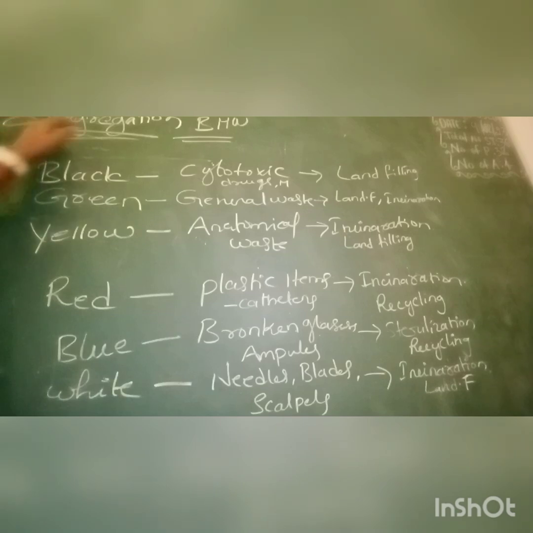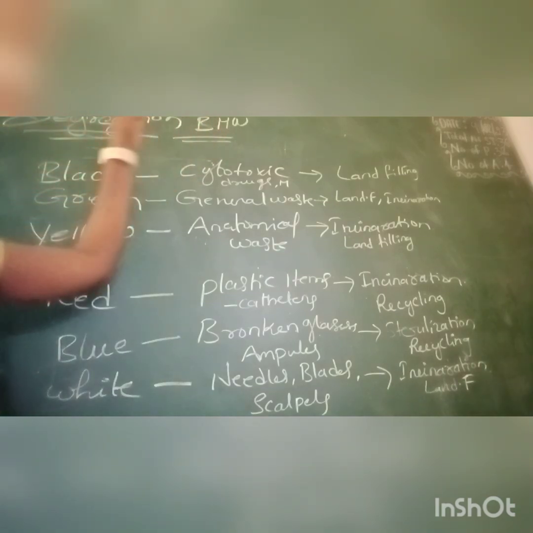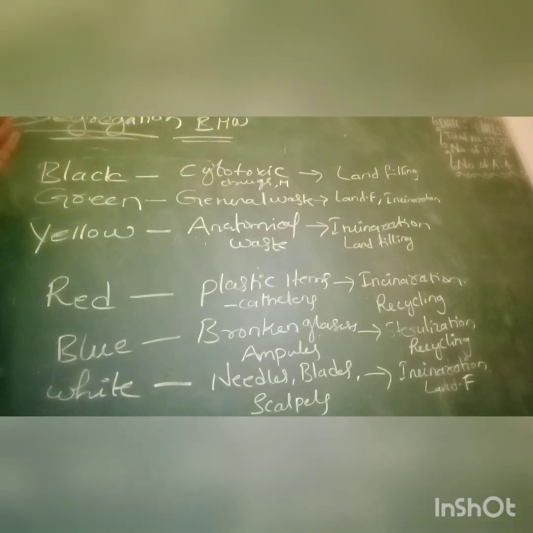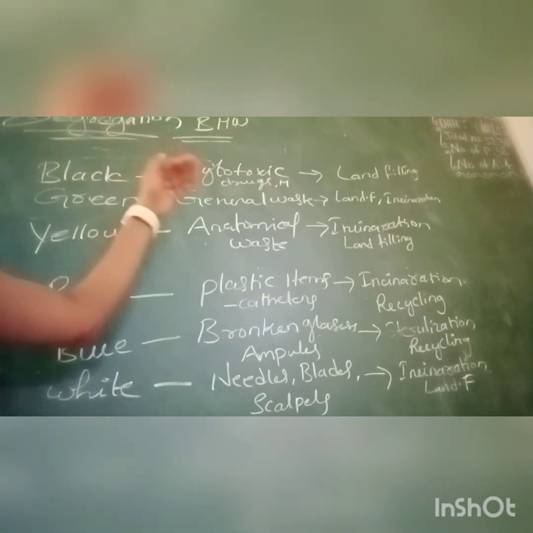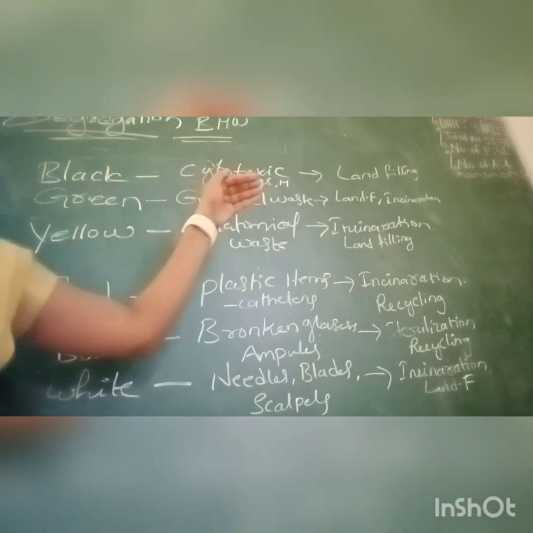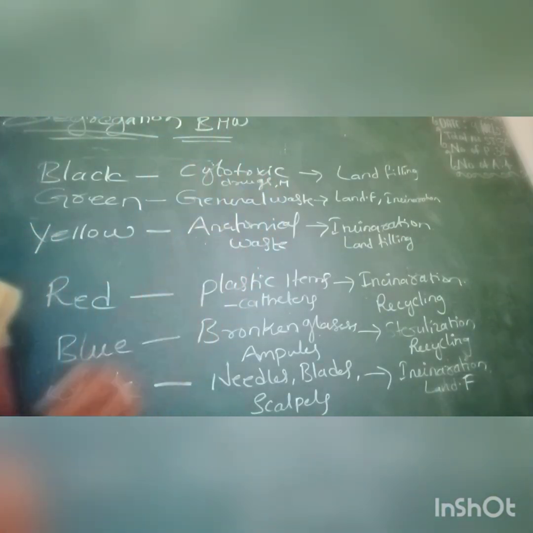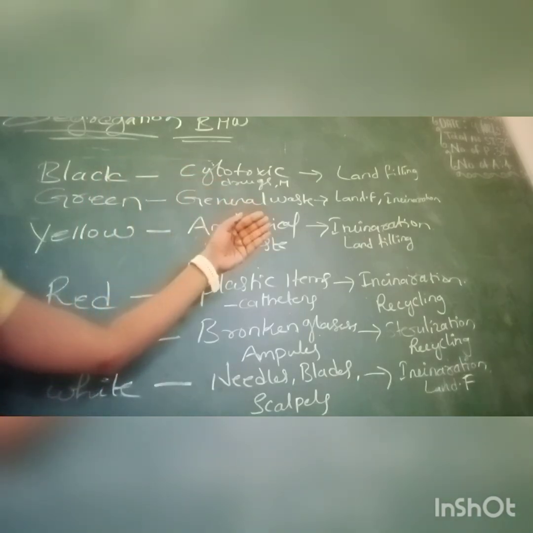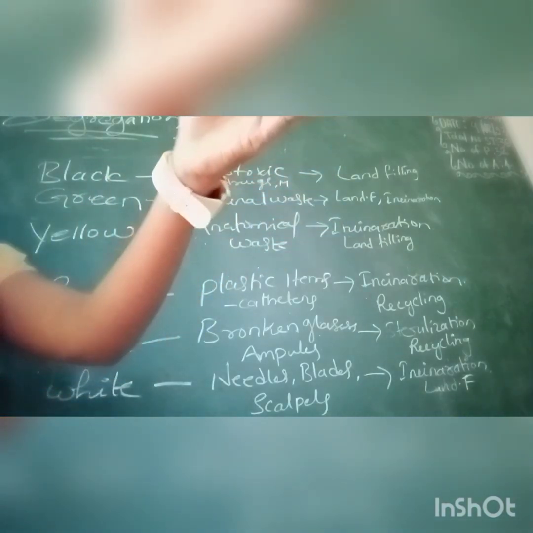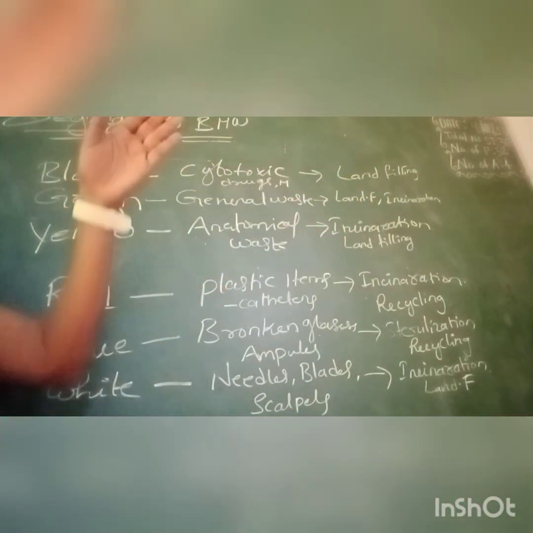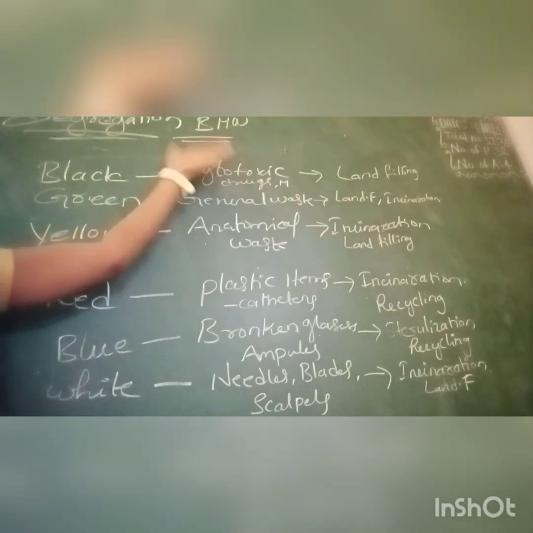Next is segregation of biomedical waste. Segregation of biomedical waste is nothing but separation of biomedical waste depending upon the category of the waste. Depending upon the category, we separate the waste into different colors. That is called segregation of biomedical waste.